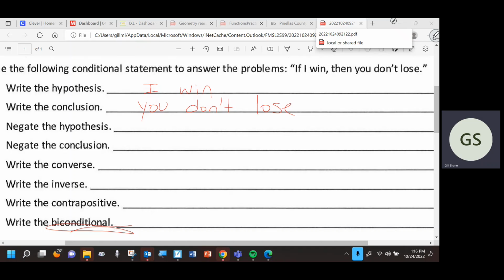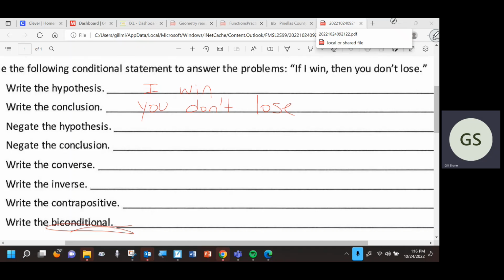I'm coming to you for conclusion, so start looking at conclusion now. Yeah, we just put not. Negate means put the word not in there. Make it the opposite by using not. If you don't get that, I've said it multiple times, but nobody wrote it down. Just write negate means change it to the opposite by using the word not. That's what you should be writing down in your notes.